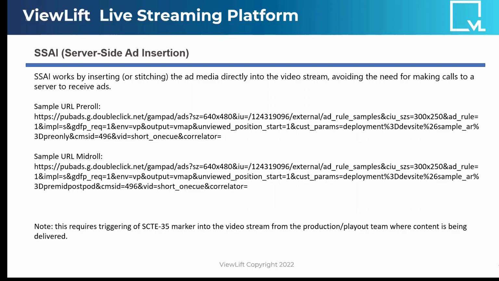The ad server will serve the ad, and once you stop the trigger, the ad server would stop. For SSAI, the SCTE marker should be implemented from the ground location. Normally in RTMP, SCTE markers are not passed, but in HLS and other formats, SCTE markers are passed.